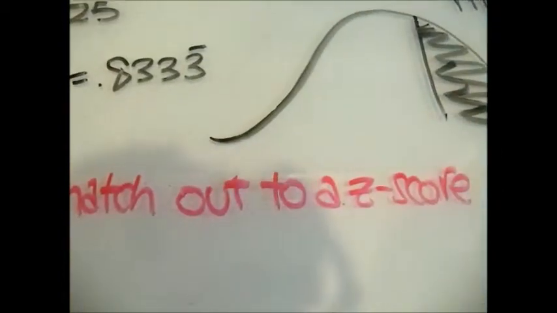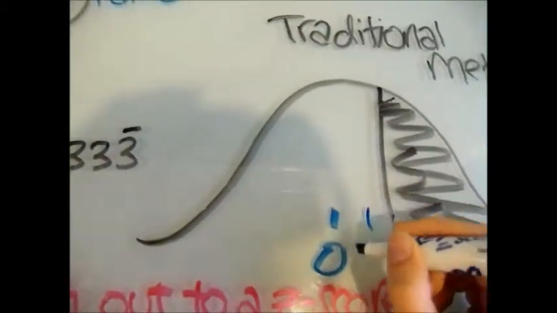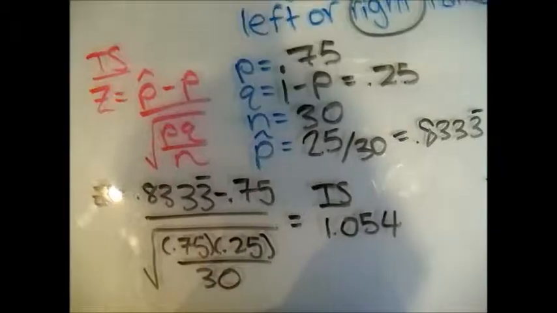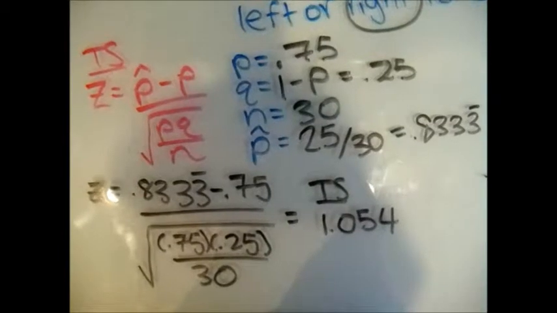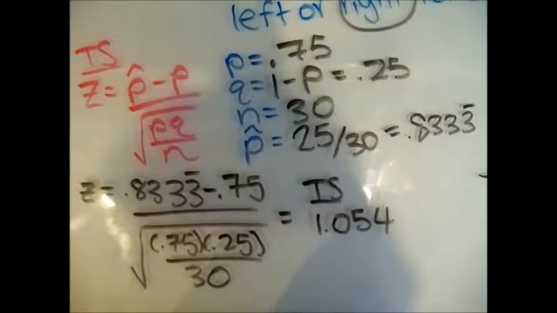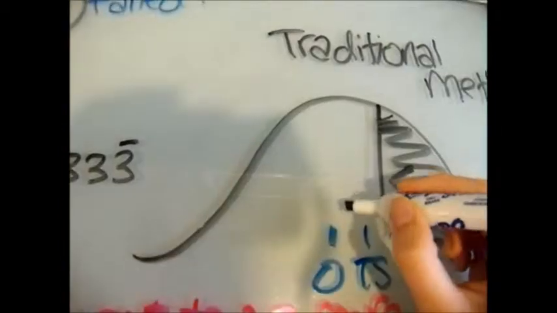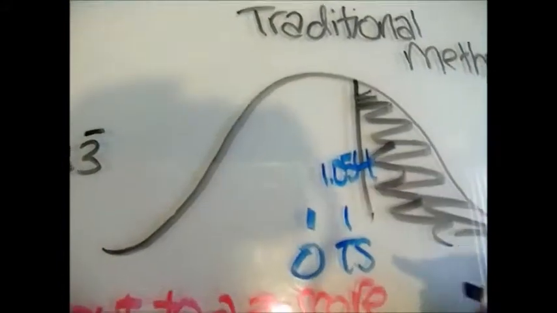So if we plot our data on the graph, if this is 0, then our test statistic is here. And so once we plug all of those numbers in, this is how we arrive at the test statistic equals 1.054.